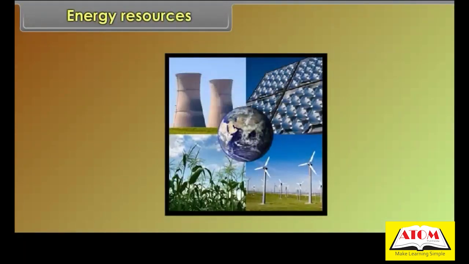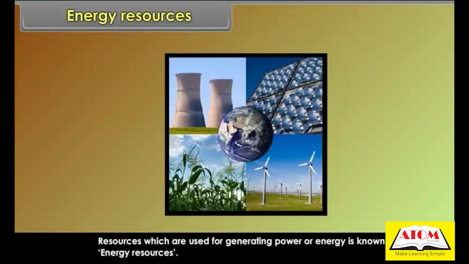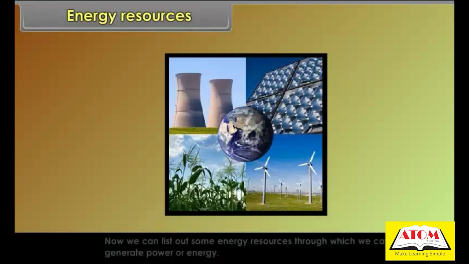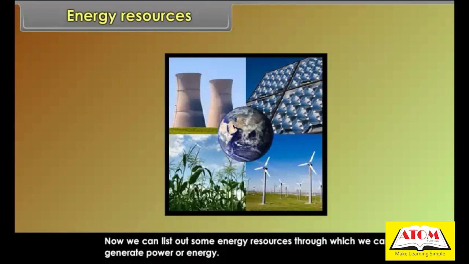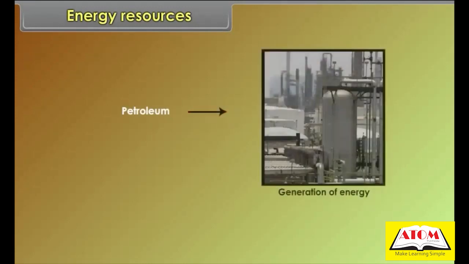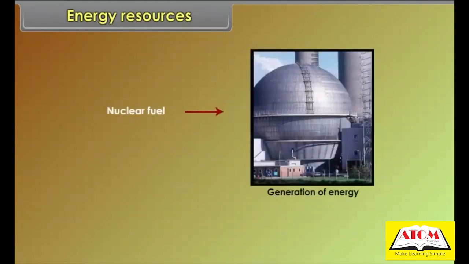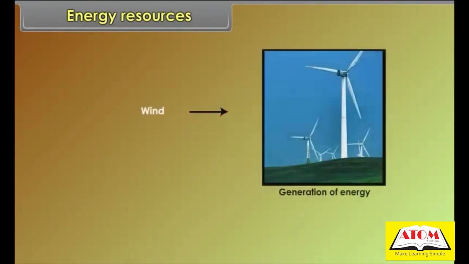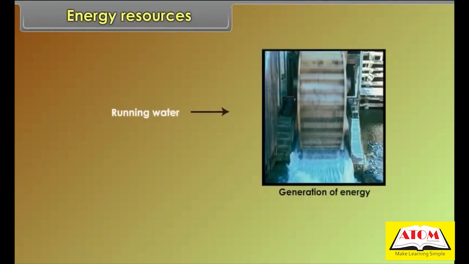Energy resources. Resources which are used for generating power or energy is known as energy resources. Now, we can list out some energy resources through which we can generate power or energy. Coal, natural gas, petroleum, nuclear fuel, wind, running water.